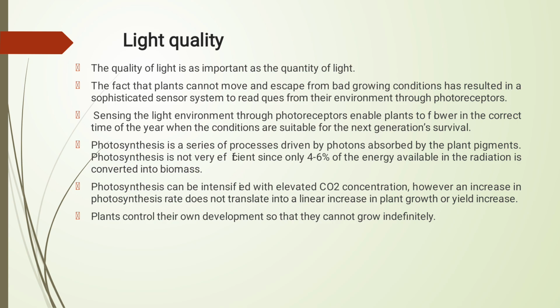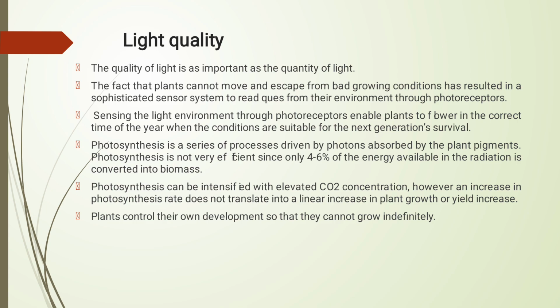Sensing the light environment through photoreceptors enables plants to flower at the correct time of year. When the conditions are suitable, the next generation's survival is ensured.